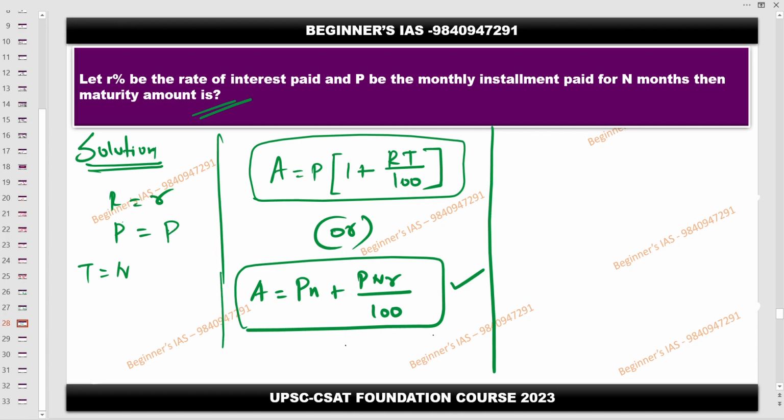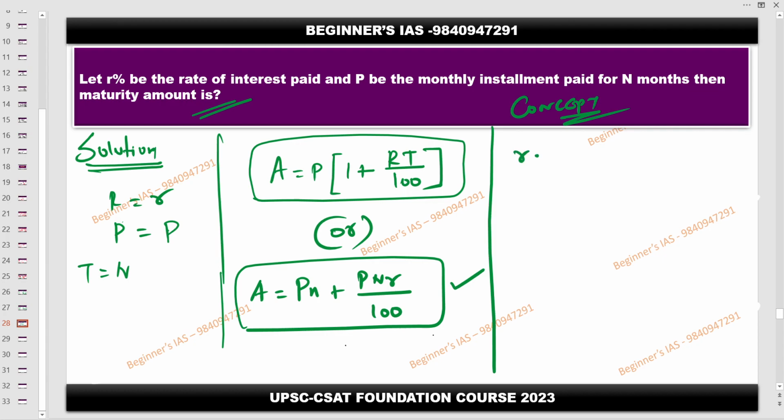Shall I repeat the question? Yes, sir. Listen. So this is the concept here. If R% be the rate of interest paid, P be the monthly installment, you can take simple.